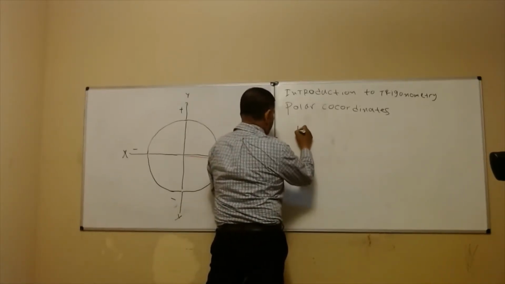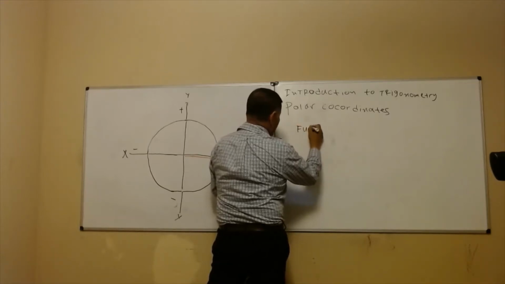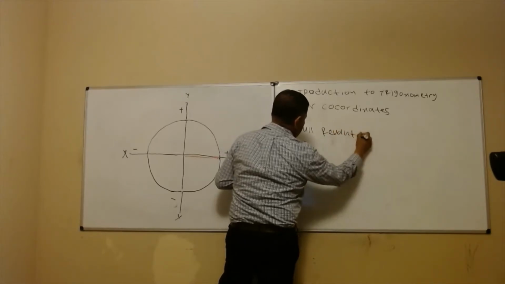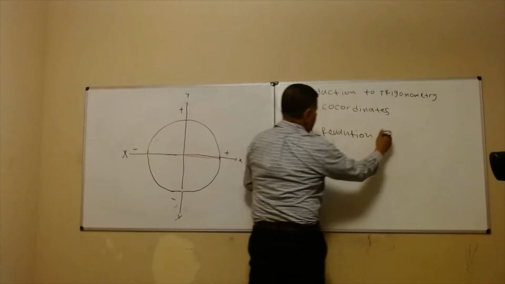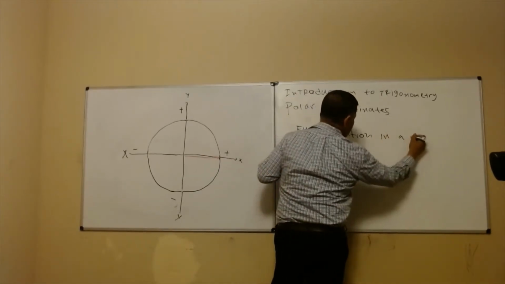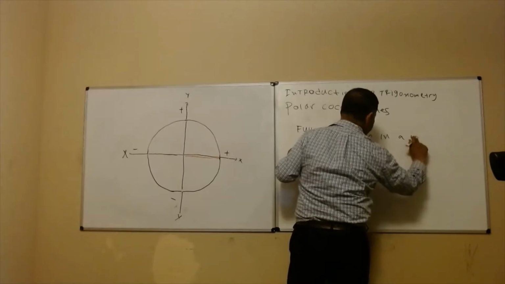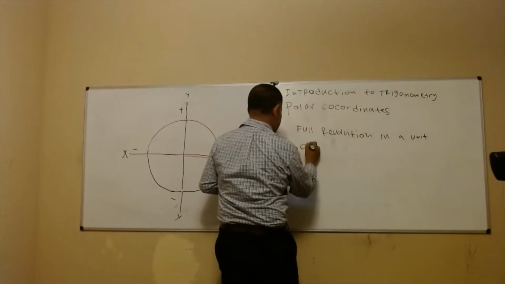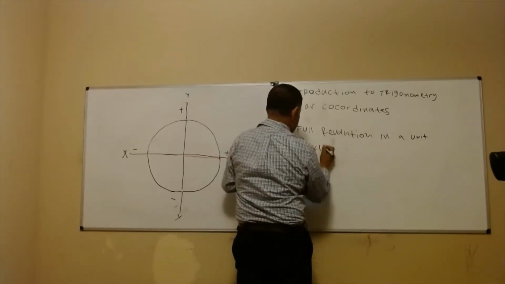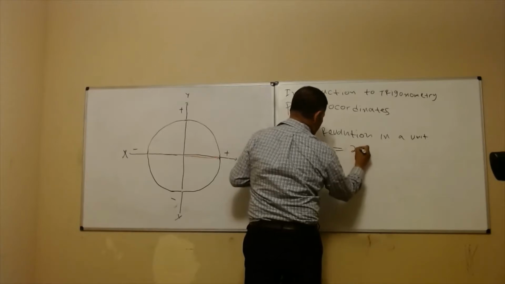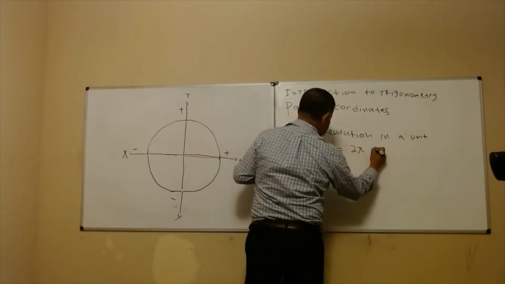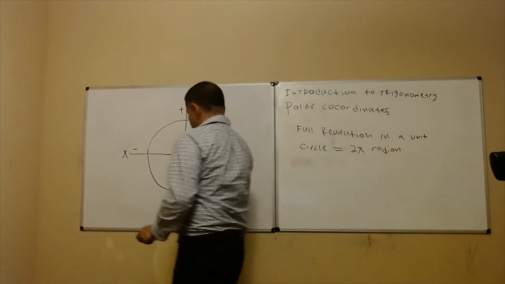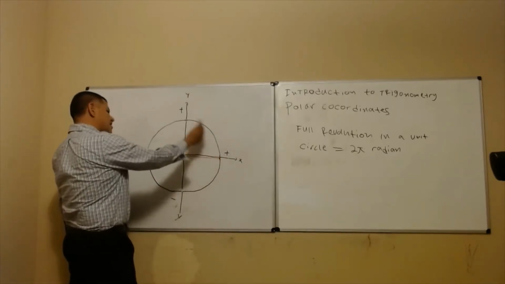So the full circle, or you can say full revolution in a unit circle equal to 2 pi radians.